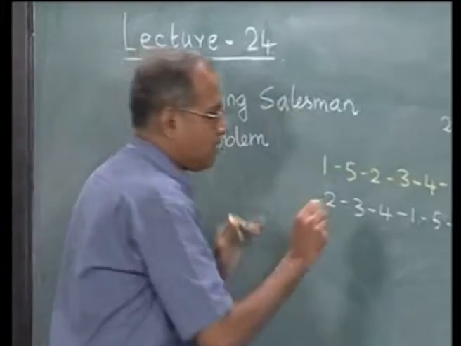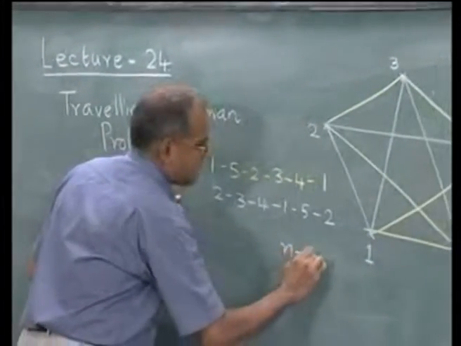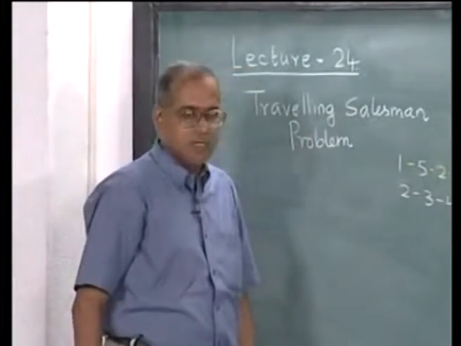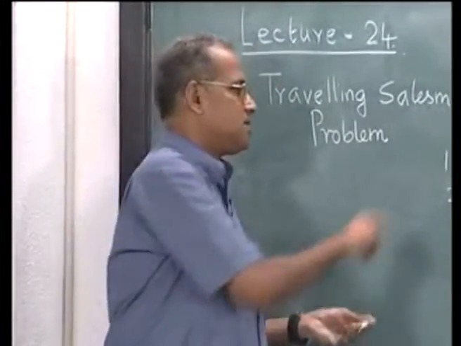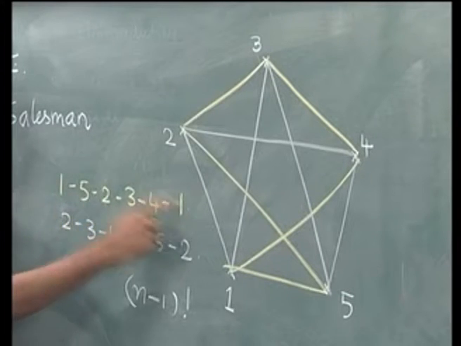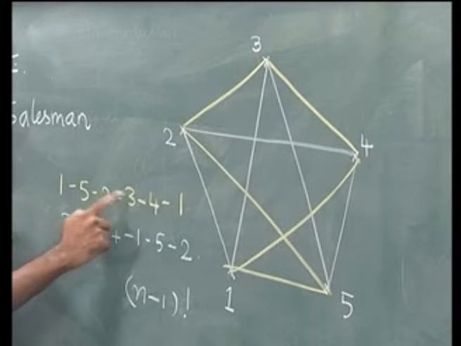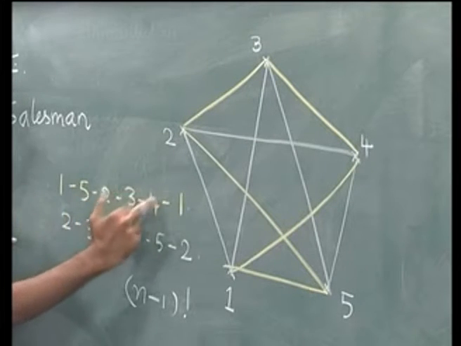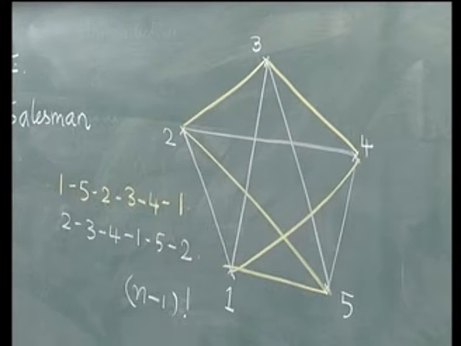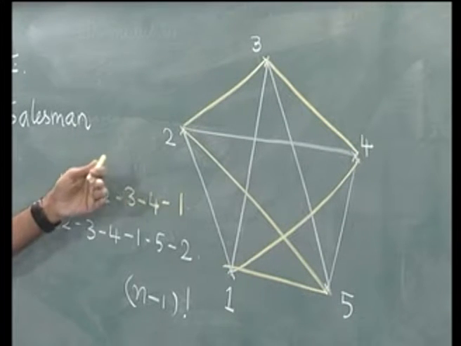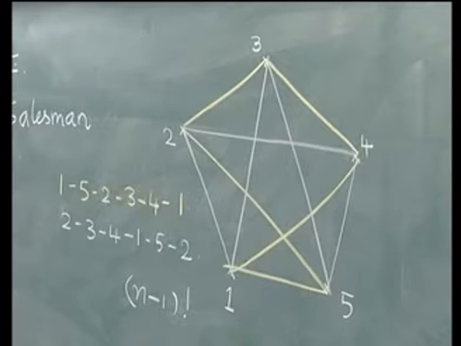So, if there are n nodes, we realize that there are (n minus 1) factorial feasible solutions, because corresponding to this solution, which say 1 5 2 3 4 1 is the same as 5 2 3 4 1 5, which is the same as 2 3 4 1 5 2 and so on, because each of these n factorial solutions have 5 solutions that repeat.